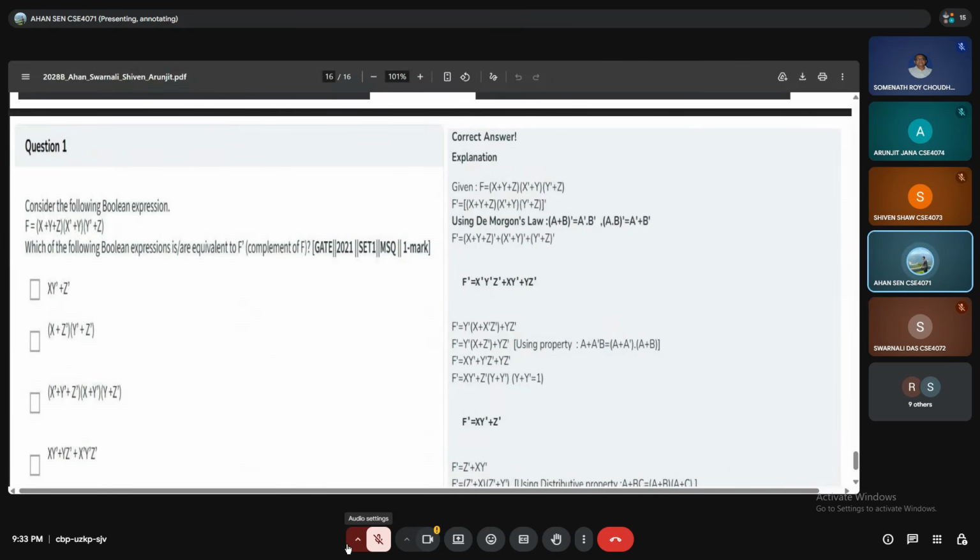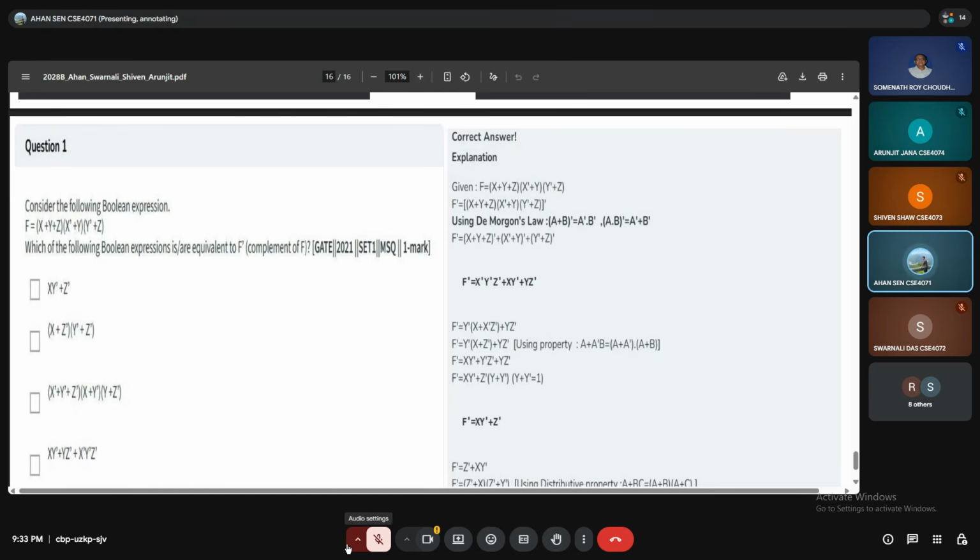So we take y bar common from the first two terms, and we get x plus x bar z bar, and then another term y z bar. So we use the property a plus a complement b becomes a plus b. Hence, the function becomes x y bar plus y bar z bar plus y z bar.